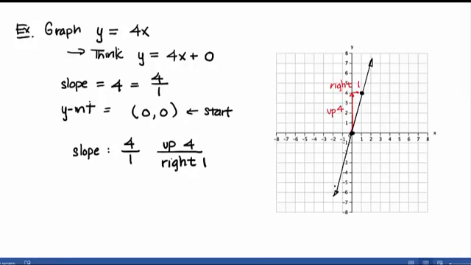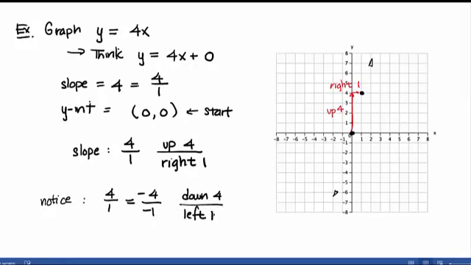And I just want to show you something too. Okay, so notice that 4 over 1 is also equal to negative 4 over negative 1, right? A negative over a negative is a positive number, in which case I could go down 4 and left 1, and that would still get me to the same line.